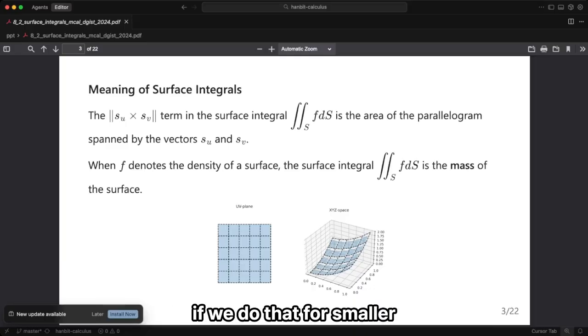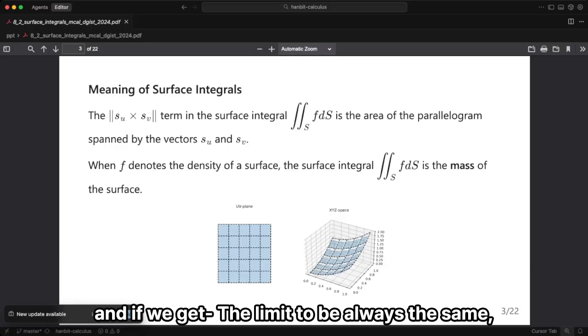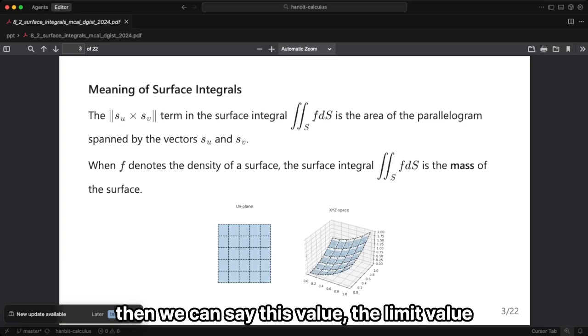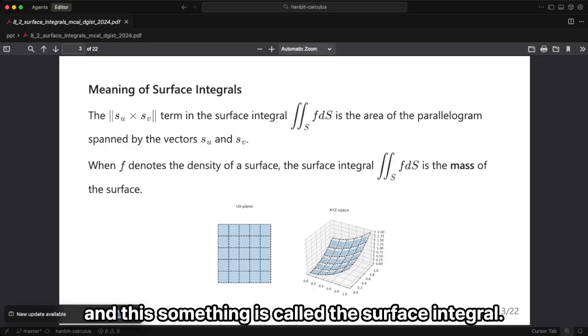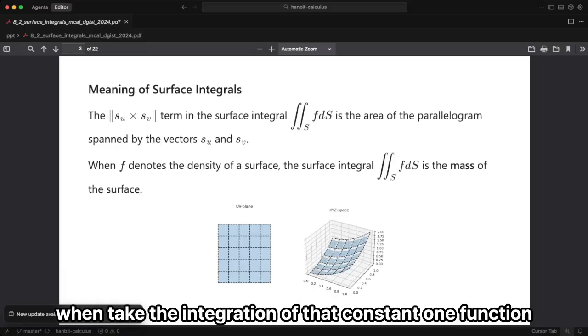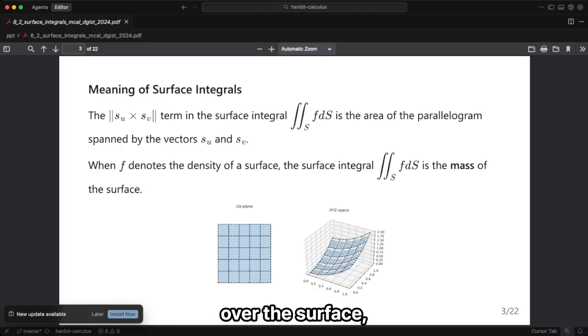However, if we do that for smaller and smaller areas, or larger and larger subdivisions, and if we get the limit to be always the same, no matter how we chop the surface or in what direction, then we can say this limit value could tell us something, and this something is called the surface integral. So for example, if I take the value of the function to be constant 1 everywhere, then when I take the integration of that constant 1 function over the surface, that's the area of the surface.